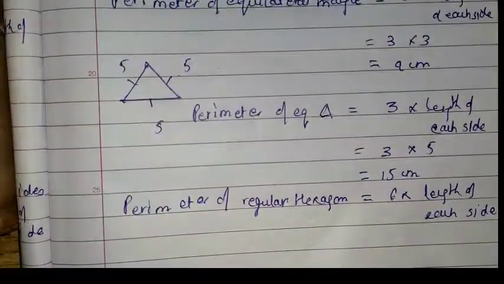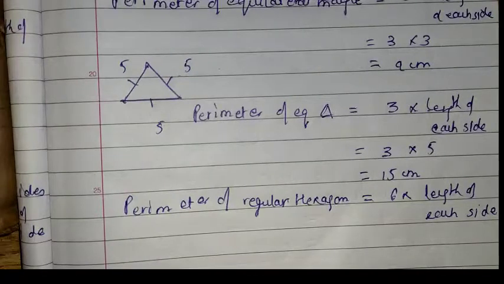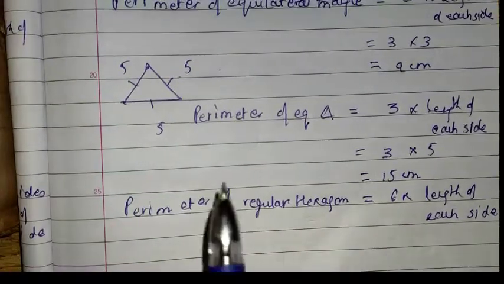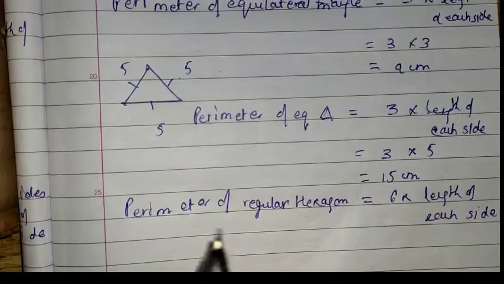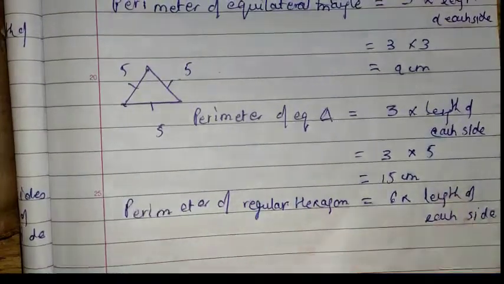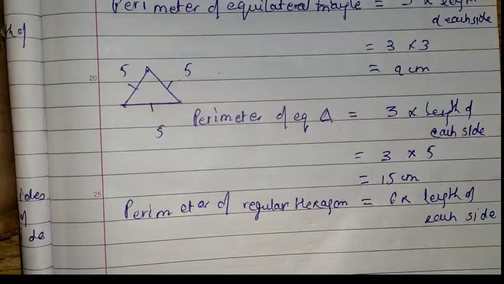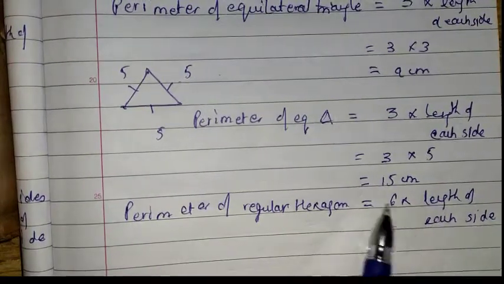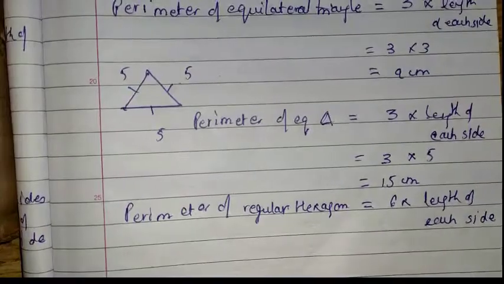Similarly, for a pentagon, 5 into length of each side, and so on for all regular figures. So this formula is only for regular figures, that is, all lengths should be equal. Only then can you multiply the length of each side with the number of sides.